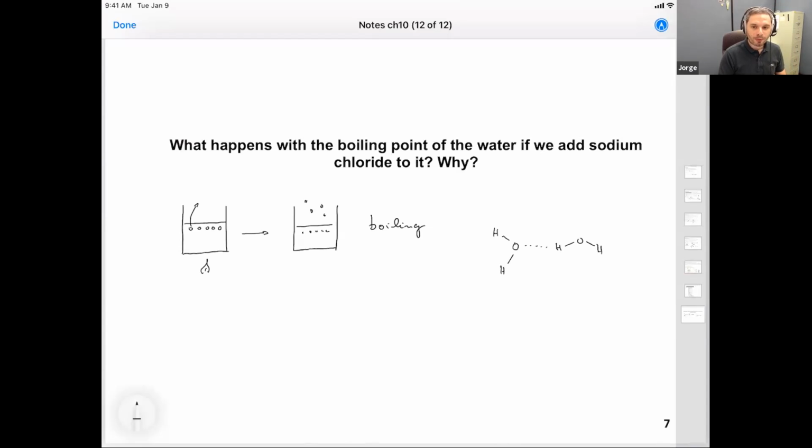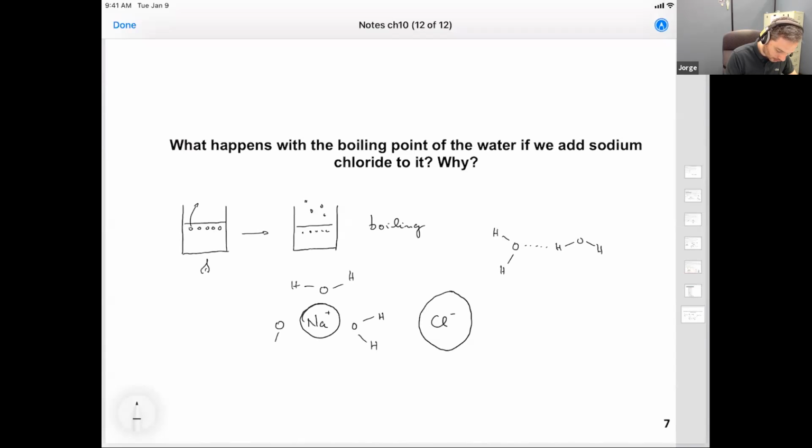So what would happen when we add, for example, sodium chloride to the water? Well, when you have sodium chloride in the water, you are going to have a cation and an anion. Therefore, two well-defined charges. The positive charge is going to attract the negative part of the water.